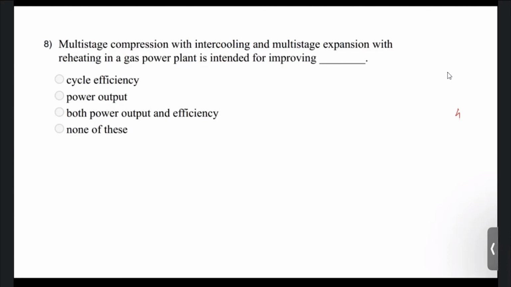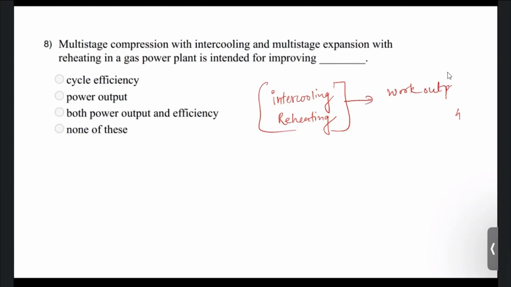Okay, so as we already discussed, in the case of intercooling as well as in the case of reheating, both of these result in increased work output and decreased efficiency.